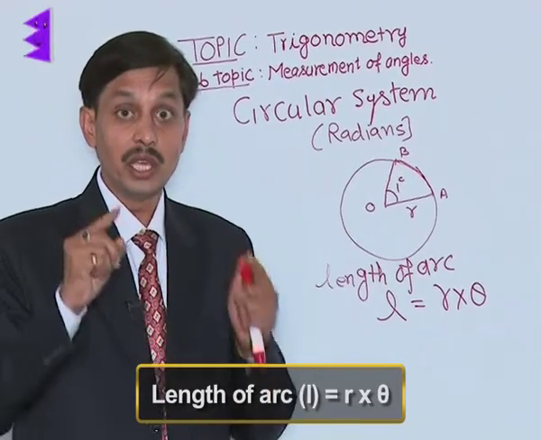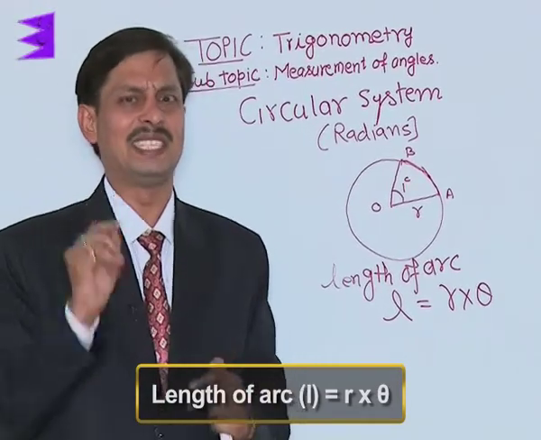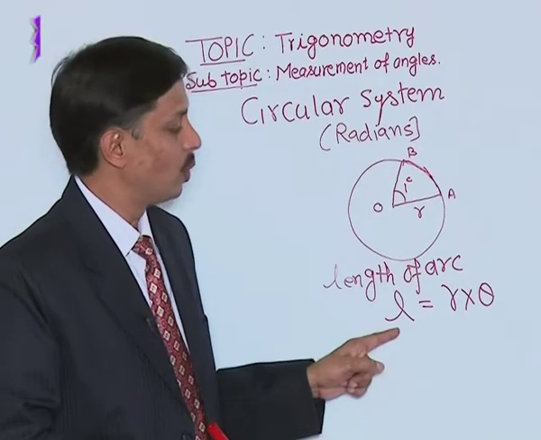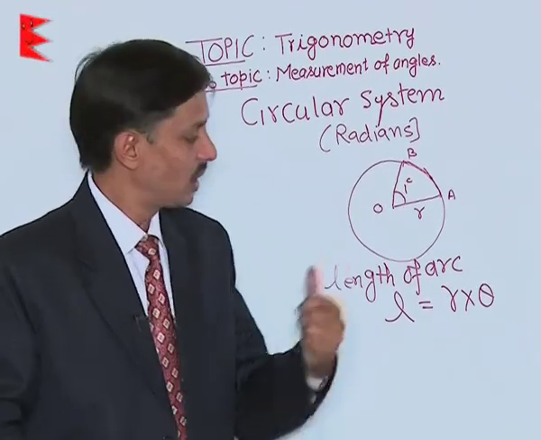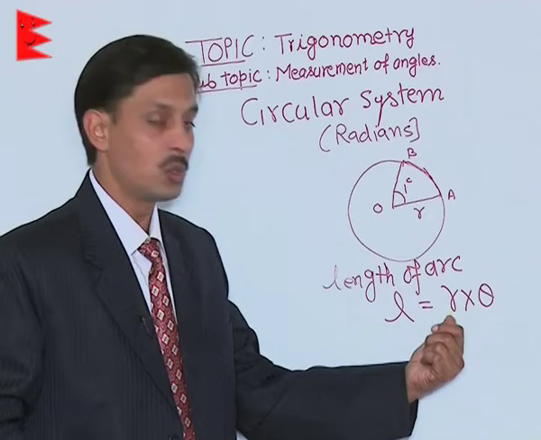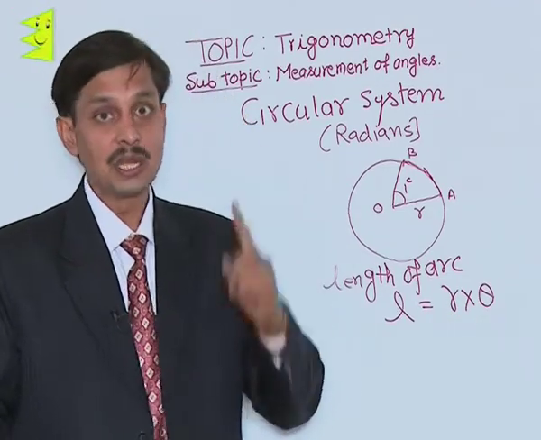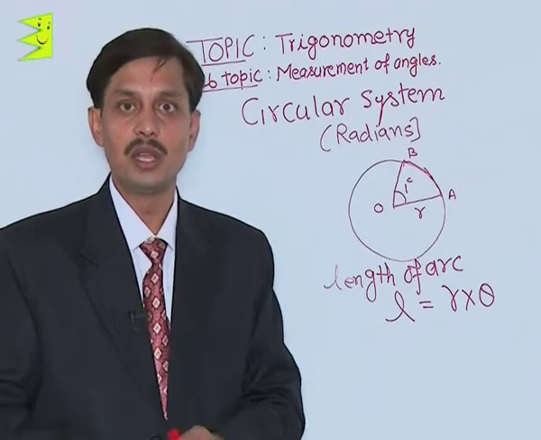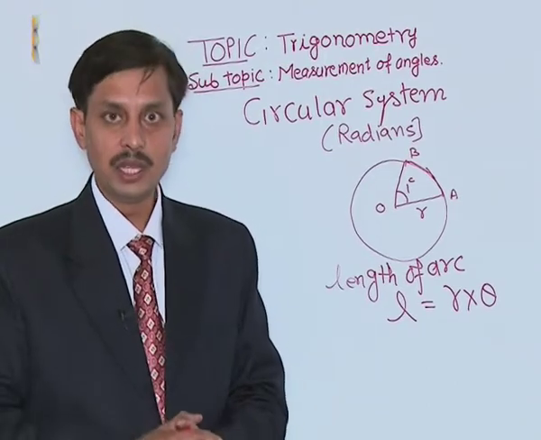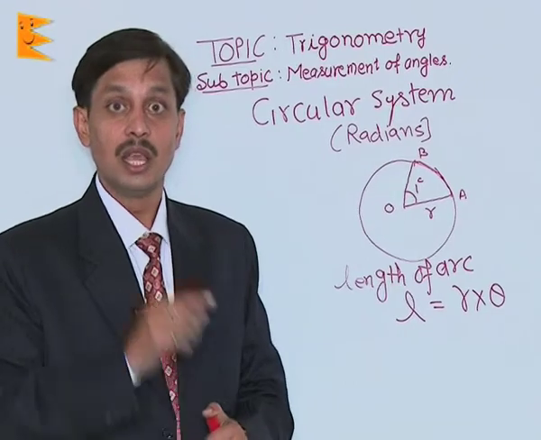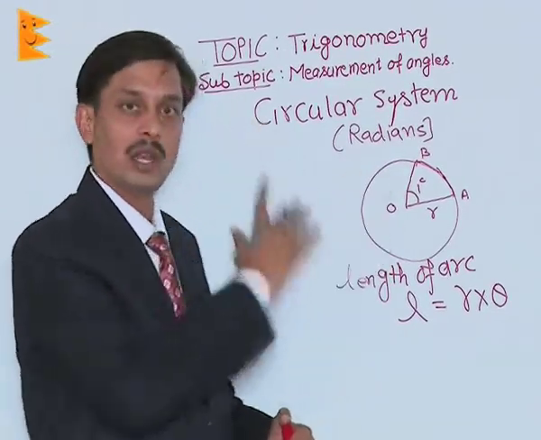But one thing is always very necessary to understand: when you are using the relation l equals radius into the central angle theta, theta must be in which unit? It should not be in degrees, it should not be in grades, it must be in radians.